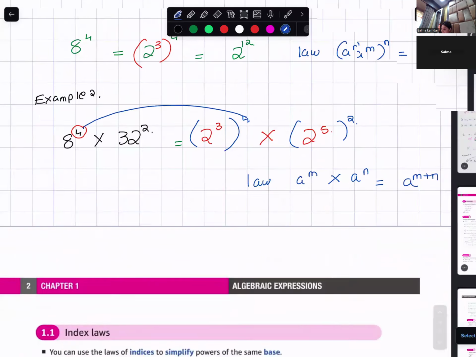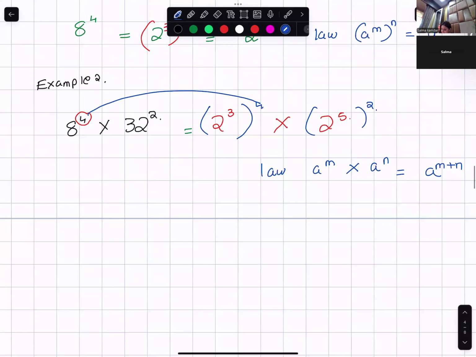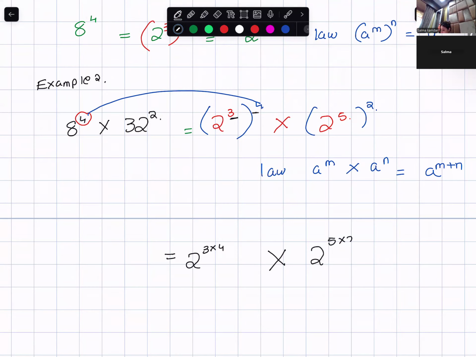Now I have a raised to m multiplied by a raised to n. So what will this be equal to? This will become 2 to the power 3 into 4 multiplied by 2 raised to 5 into 2. So this will become 2 to the power 12 multiplied by 2 to the power 10.